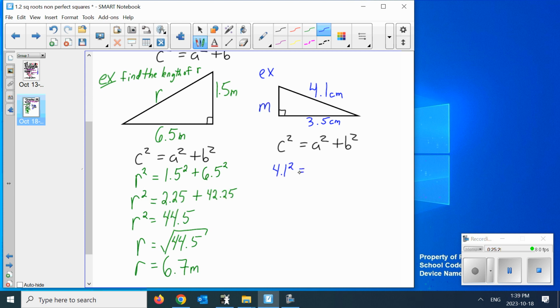A squared, I'm going to say, is sort of like the M. We're going to put M squared. That's 3.5, like B, that's squared. People should jot this down and then work straight down. You put 4.1 in your calculator and square it. I'll just wait for this.